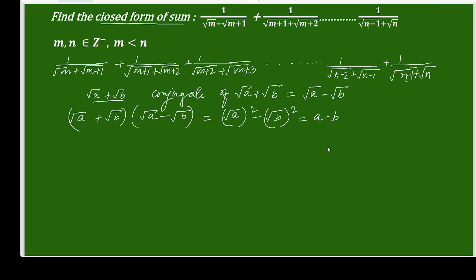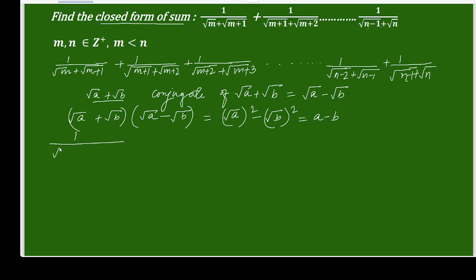So whenever we see this in the denominator, we'll try multiplying with the conjugate so that we'll get some simplification. When you multiply the conjugate in the denominator, at the same time you have to multiply in the numerator. But first I am arranging this in this order.